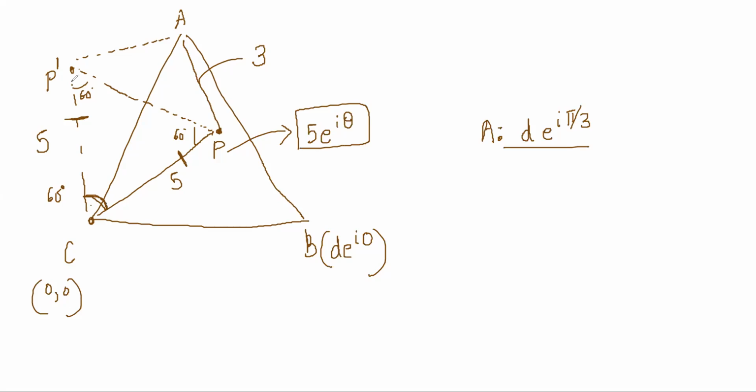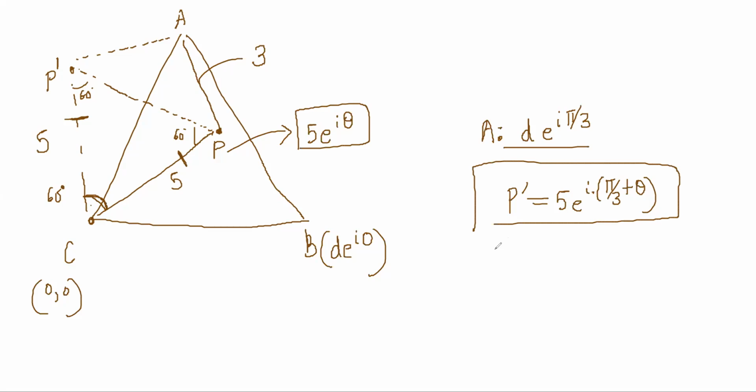P dash we will easily be able to say should be 5 e^(i(pi/3 plus theta)), right? Correct. Yeah, because P is 5 e^(i theta), where this angle is theta. Okay, so now you have to find the area of the triangle PAP dash.